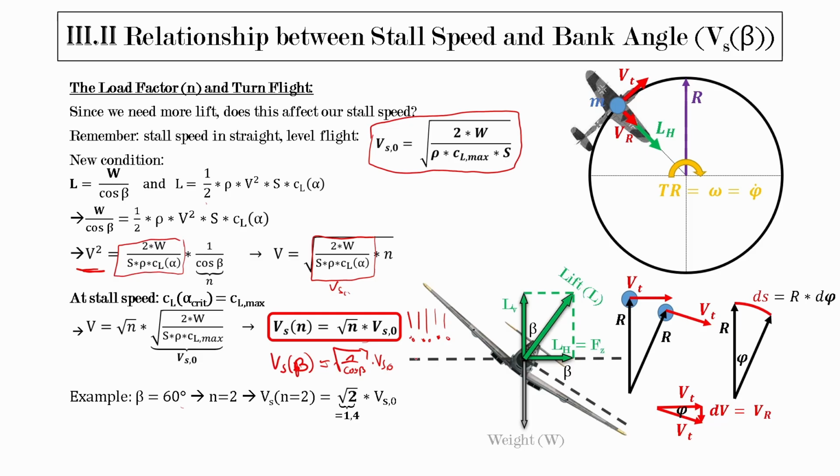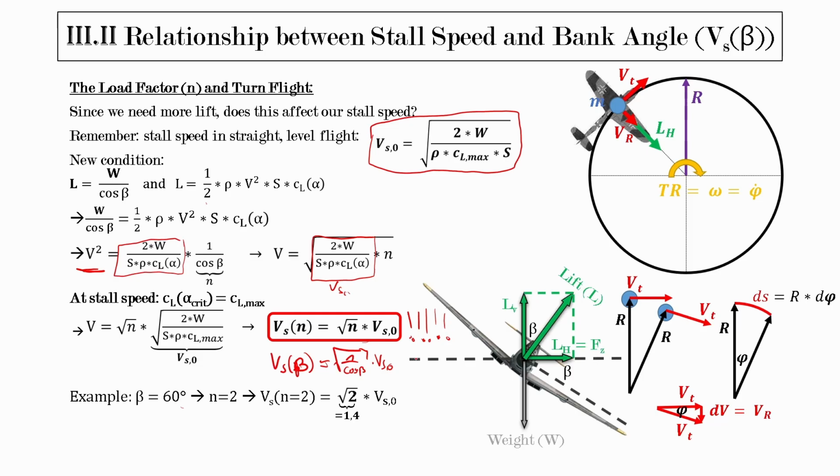Now we've determined our first performance limit in accelerated flight, which is our stall speed. And we found that it's directly correlated to bank angle. And as you can see, stall speed is not correlated to anything else. We know the stall speed at straight and level flight.